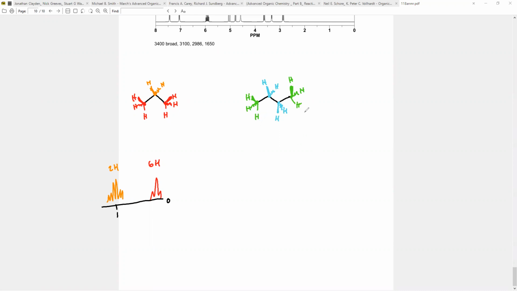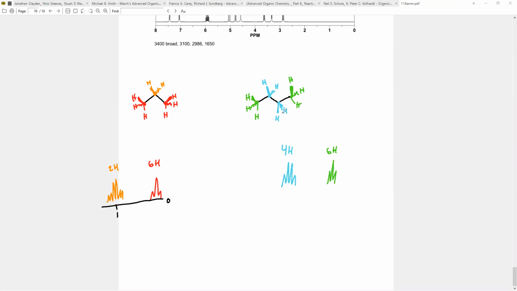Again, symmetric to each other. So maybe we make a guess. We say, okay, these 4 H's come together and they are neighboring this 3H neighbor here. So I would expect 3 neighbors, that would be a quartet. And also on the green guys, there's 6 of them and they're neighboring these 2 H's here. And so what I would expect is a triplet.